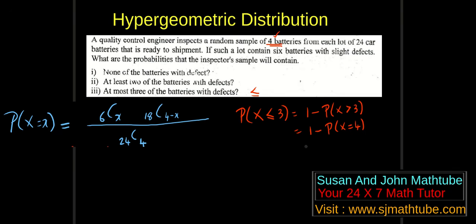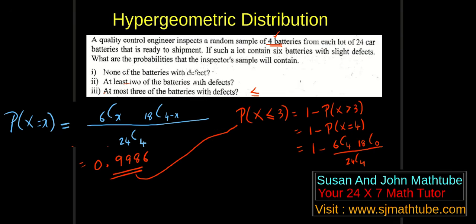We selected 4 batteries. And that will be 1 minus 6C4, 18C4 minus 4, the whole divided by over here 24C4. And the answer is 0.9986.